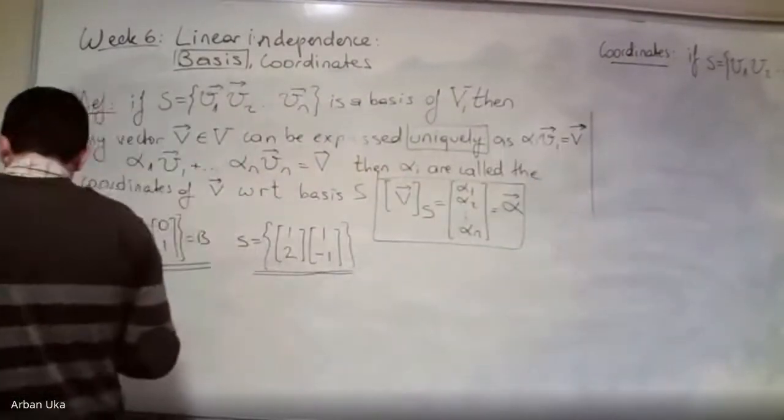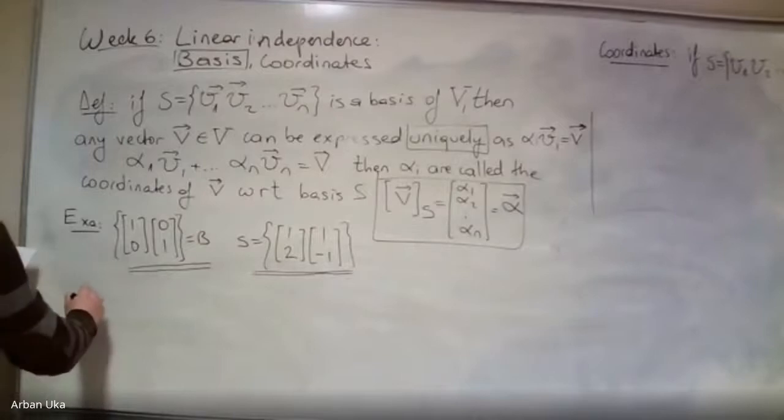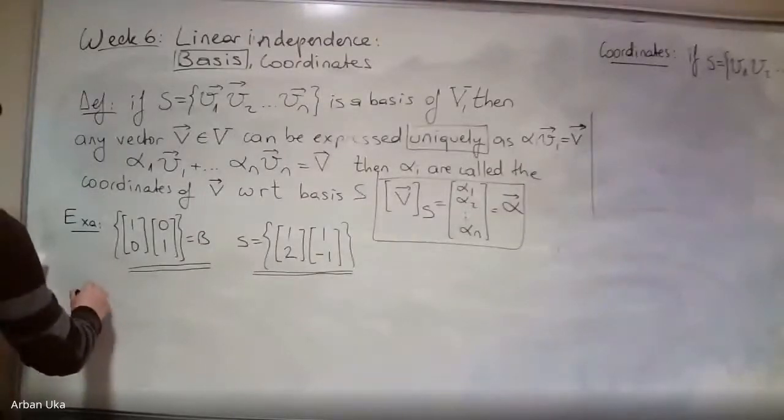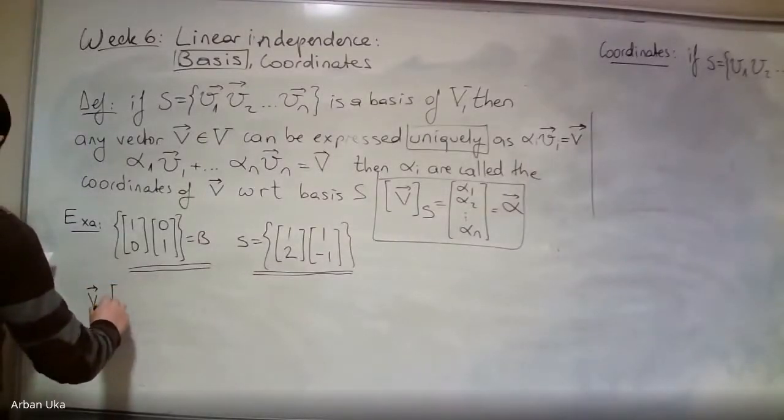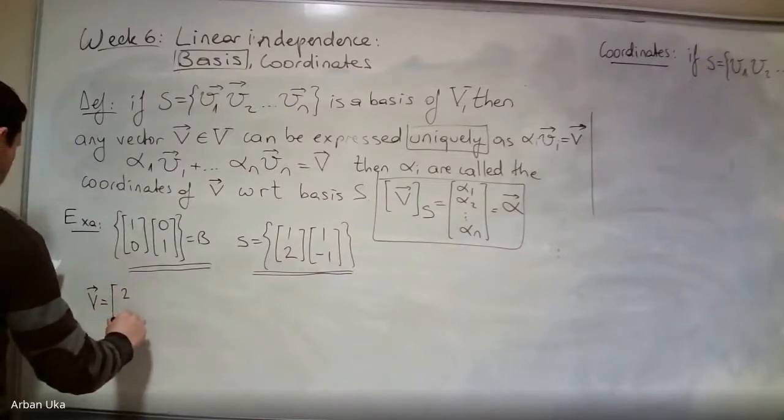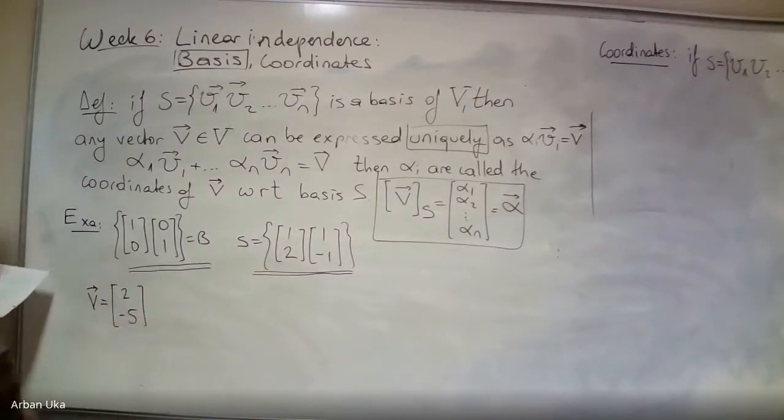Now, let's try to identify. We have a vector V equal to (2, -5).